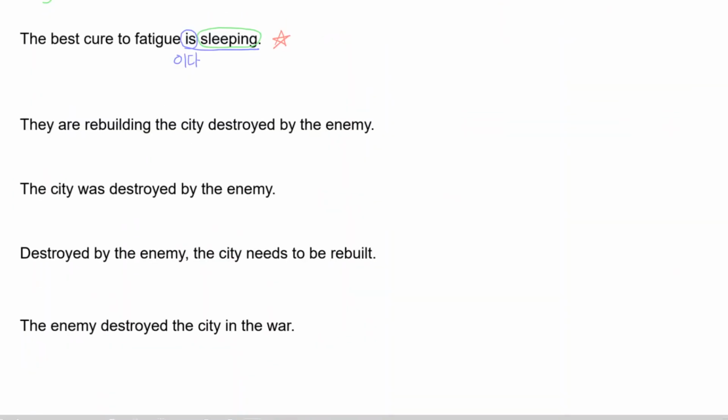We have the last 4 example sentences. Here we want to try the ed forms. Okay, let's practice them. Here, firstly, we have ed, destroyed, right? So let's try and understand the sentences first. They are rebuilding the city. 그들은 도시를 재건하고 있다. Destroyed by the enemy.